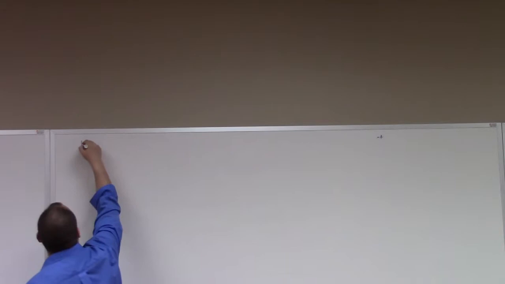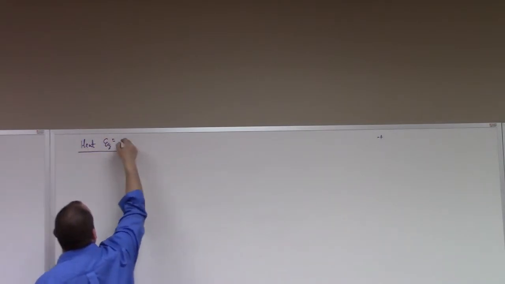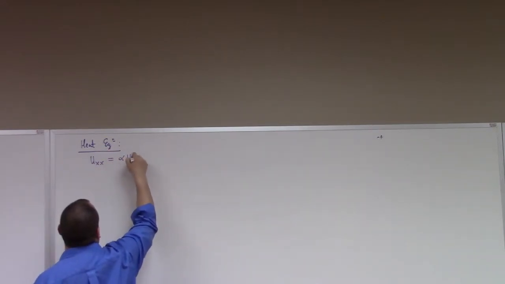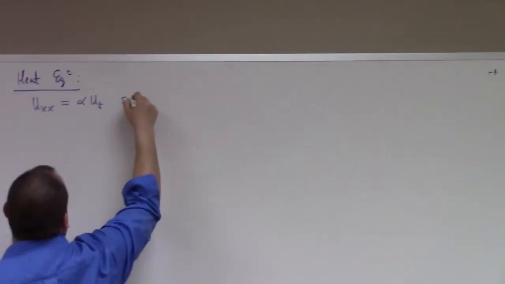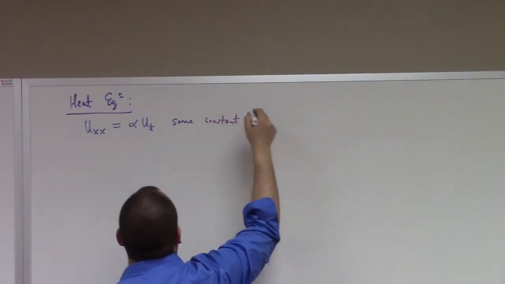Okay, so heat equation. Let's see. So we've got u_xx equals, let's say, alpha u_t, for alpha some constant. Right?